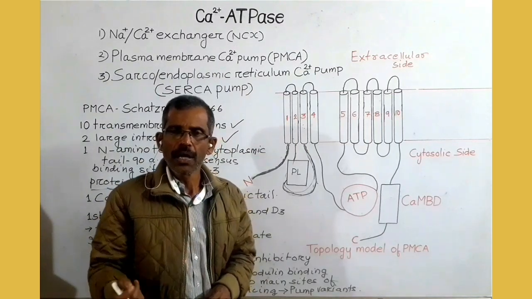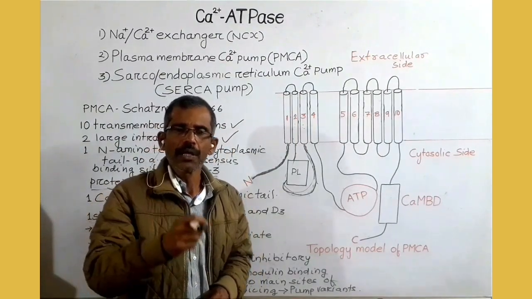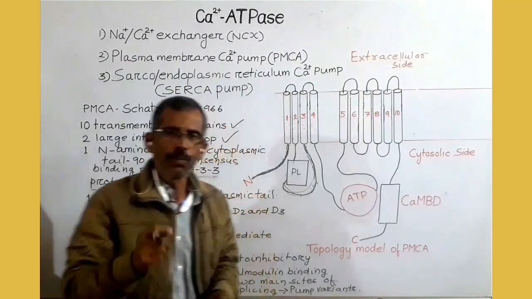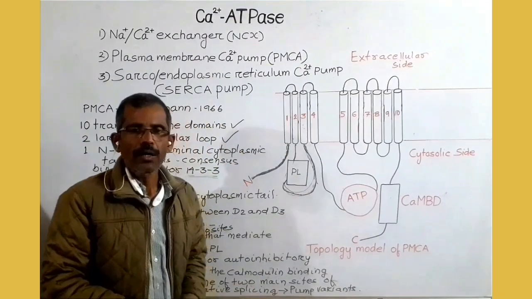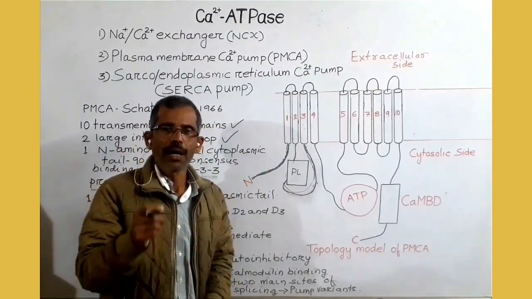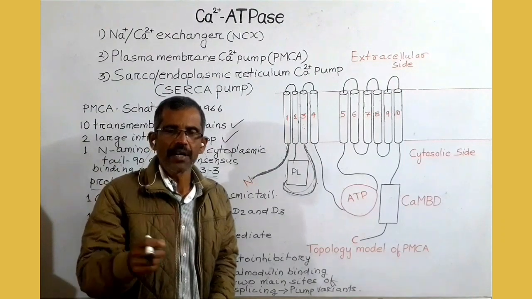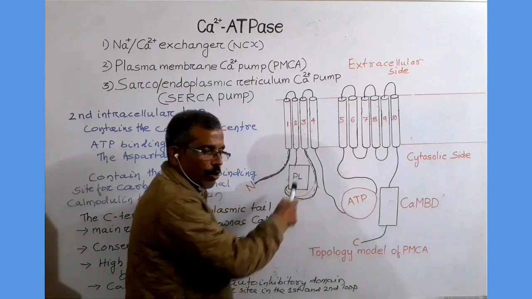It also has one of the two sites for autoinhibitory interaction with the calmodulin binding domain. This intracellular loop also has one of the two main sites of alternative splicing that generate pump variants. PL is the acidic phospholipid binding domain.